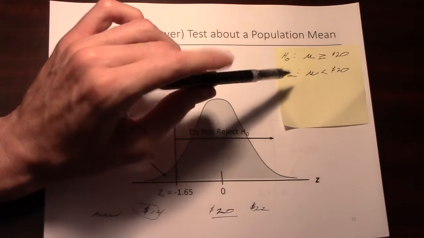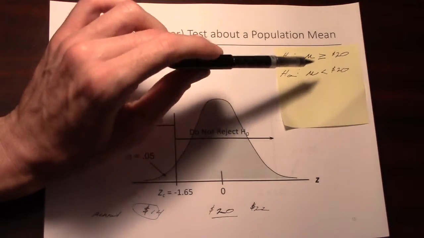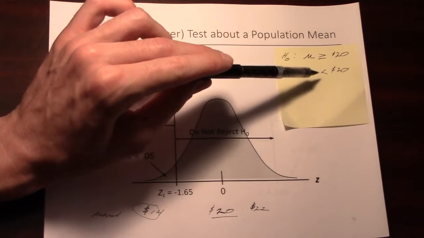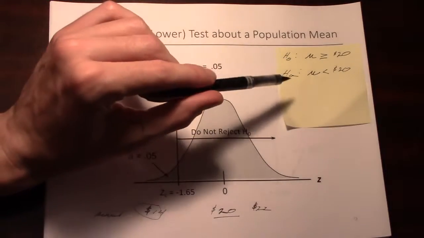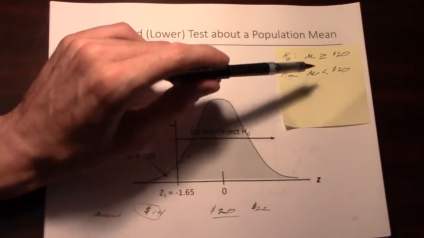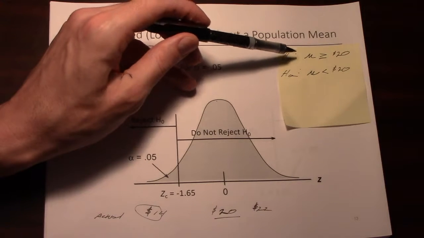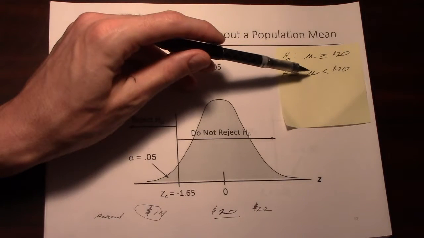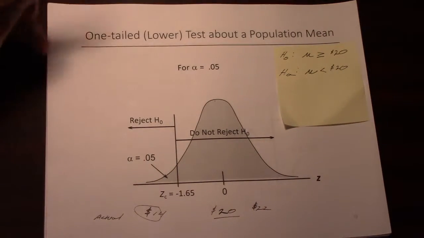So you look at that and you say, well, I think they actually spend less. I'm going to see if I can find evidence for that. And if I do find that evidence, I'm going to reject your null hypothesis that the mean is greater, and I'm going to accept the alternative that the mean is less than $20.